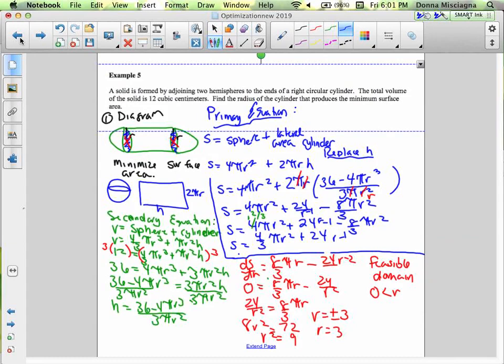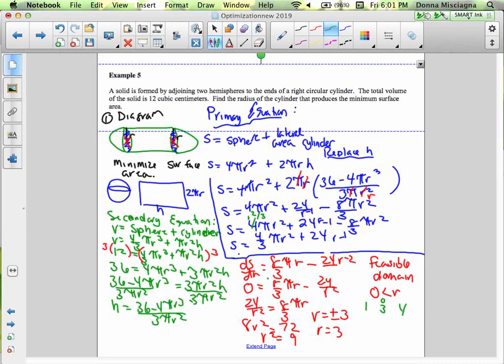So here, r equals 3. If we were to do a little sign chart here, we can use 1 and 4. If I plug 1 into the derivative, that'd be 8/3 pi minus 24.